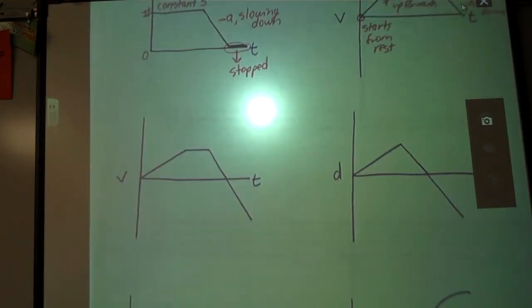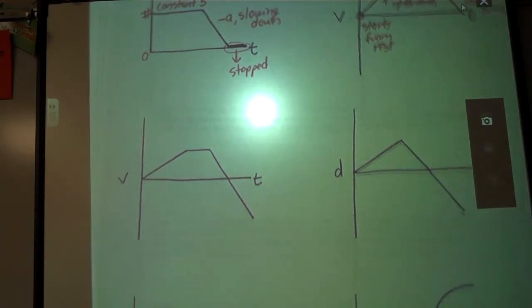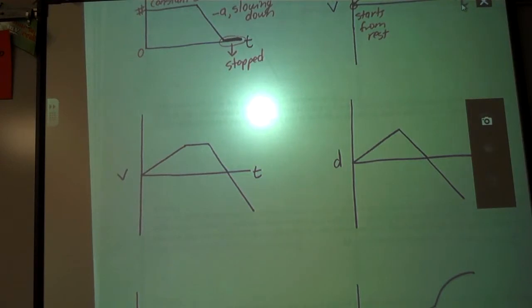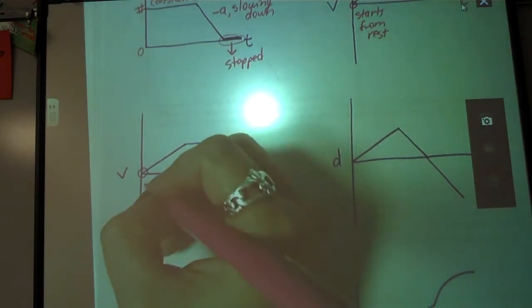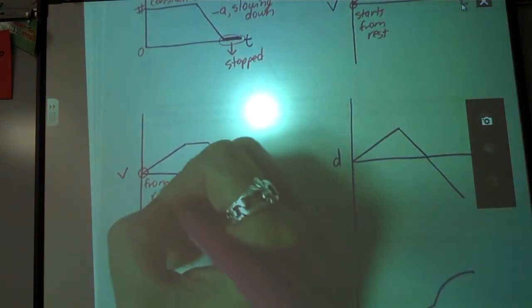Let's look at one that involves that negative side that we don't like. Again, we would need a little bit more information to know specifically what the object is doing, but if we were just asked to describe the motion of this object from what we see. Once again, because we start at 0, 0, I know we are starting from rest.